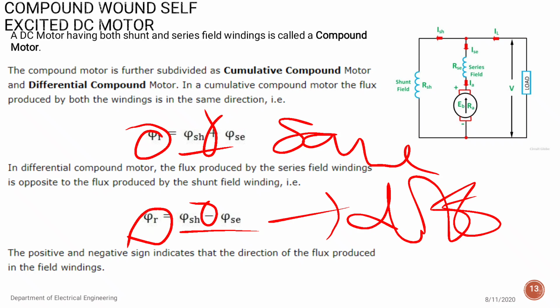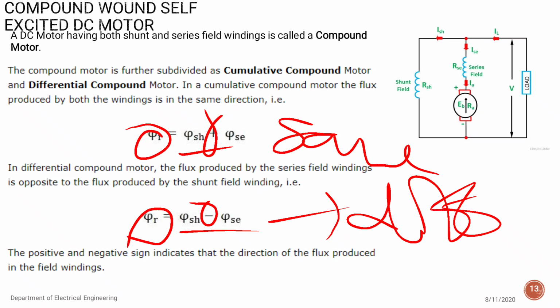If there is weakening of flux, there is less induced emf, and due to that there are many losses. That's why this motor is not used in most places and is used only rarely.